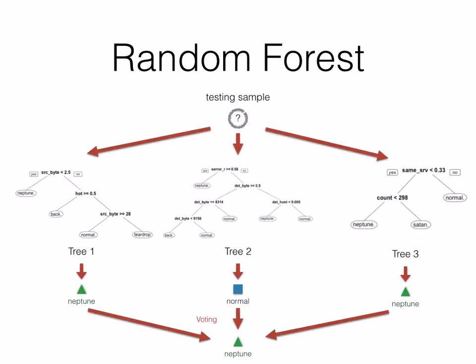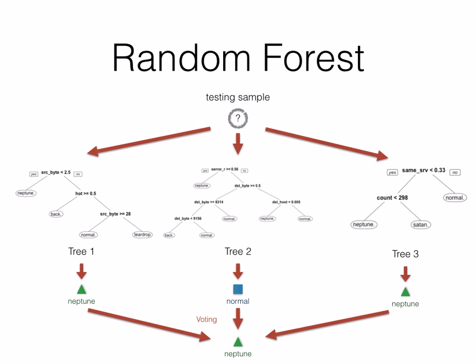The concept is very easy. We have several different trees, and we put a testing sample in them, let each tree make a prediction, and use all the results for voting.